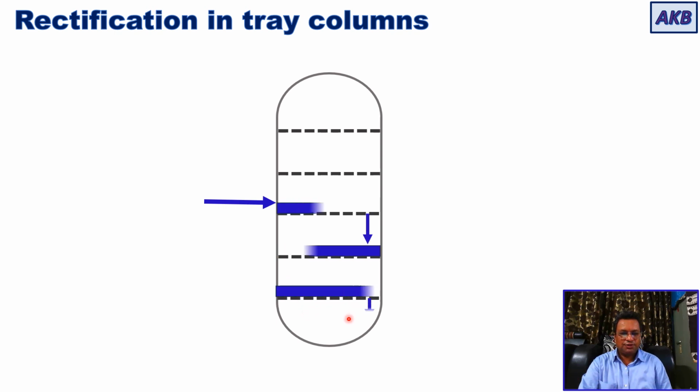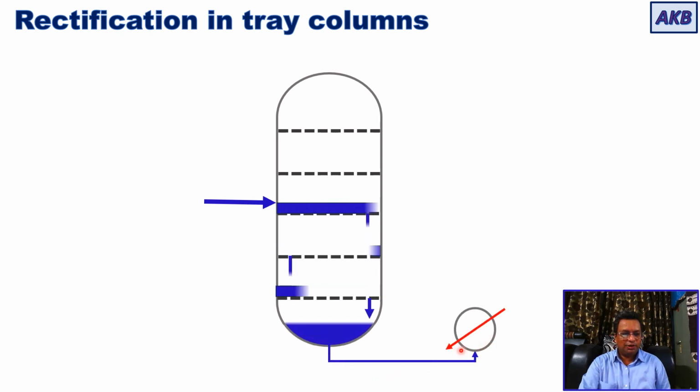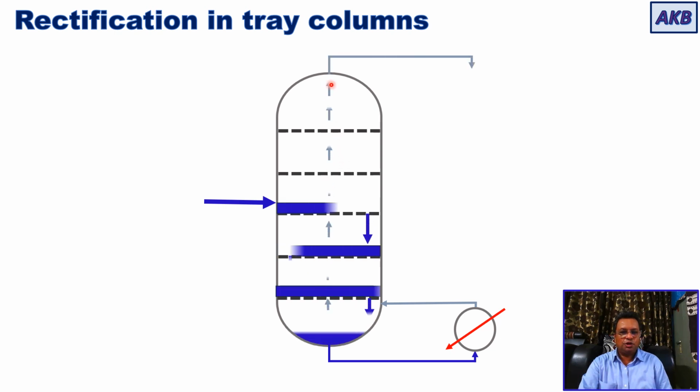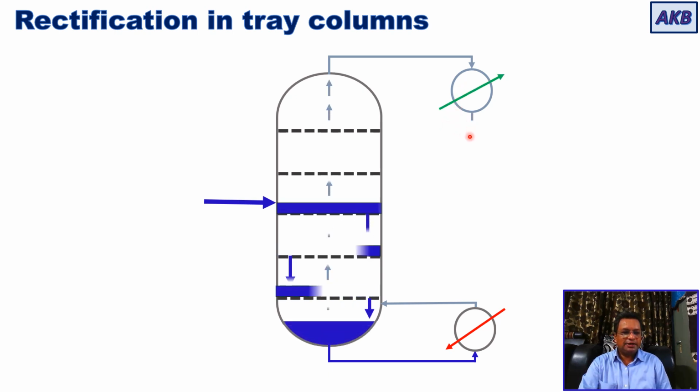from one tray to the other to the bottom, and from the bottom it is taken out and sent to a reboiler where it is heated to create the vapor phase. The resulting vapor phase is admitted into the column, and that vapor phase rises through the column, and finally it is taken out at the top and sent to a condenser where it is condensed, and the resulting condensate is divided into two parts.